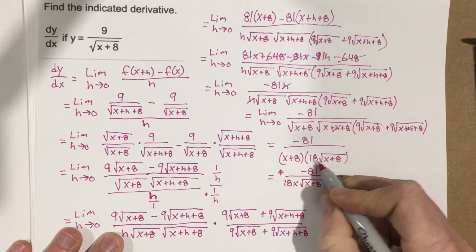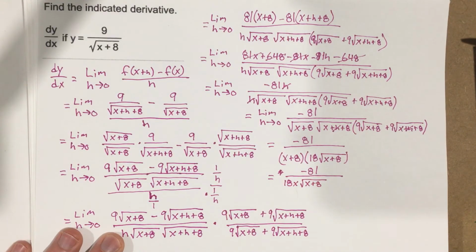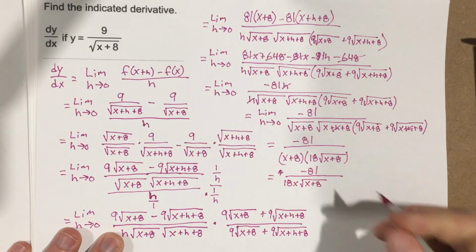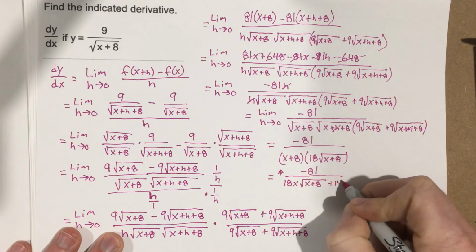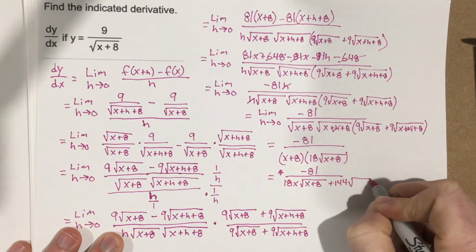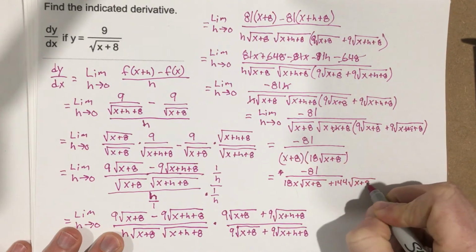And then we're going to multiply the 8 times 18. We get 144, so we have plus 144 root x plus 8.